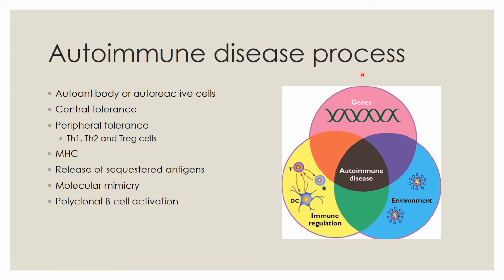There are also some situations that occur that are separate from the randomness, right? So there are situations where antigens, which are normally sequestered, end up being released into the external matrix, right? They come in close contact with your immune system.